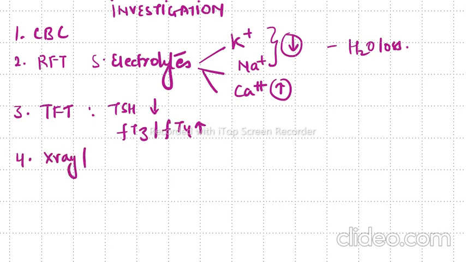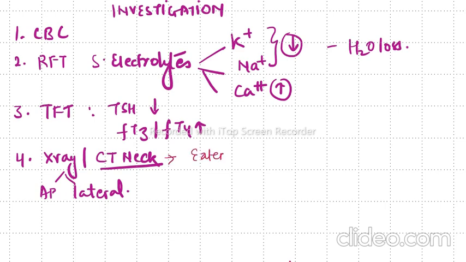Next, you would like to advise X-ray neck or CT neck. Okay, for X-ray you can see AP and lateral, both views. And why are we seeing CT neck? To check the extent of the swelling, to see the tracheal diameter, if it is compressing or not.